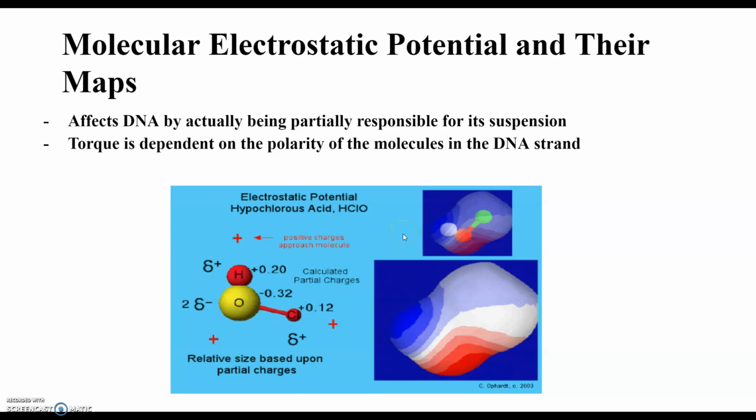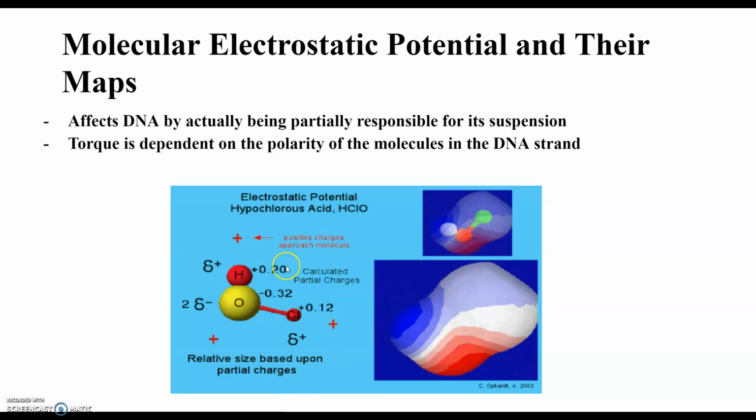And then now we have molecular electrostatic potential. What this basically does is that it affects DNA by being partially responsible for its suspension. So like electrostatic potential in normal physics, it's also there atomically because of those charges being visible at the atomic level as well. And so in this case, torque is dependent on the polarity of the molecules. And through these maps, which are color-coded, the places where there's more red, there's more electrons, and where there's more blue, there's more protons.